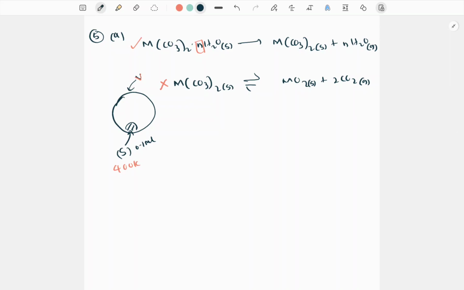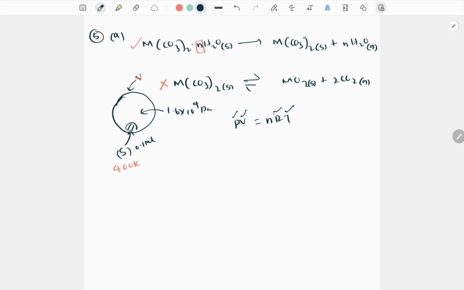First, the pressure of the container is given as 1.6 into 10 to 4 Pascal. Can't we apply PV equals nRT here? Since pressure, volume, R and T are known, we can find the total number of moles. Then the total number of moles will be the moles of H2O gas.